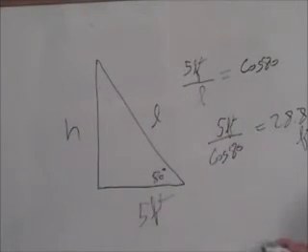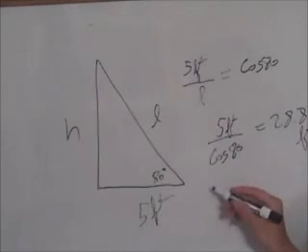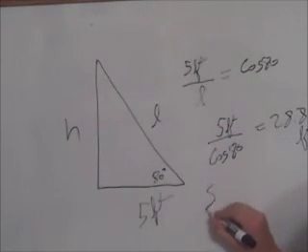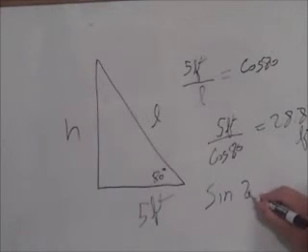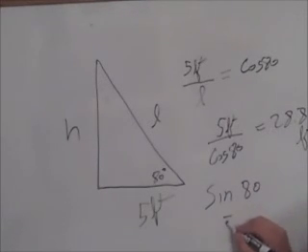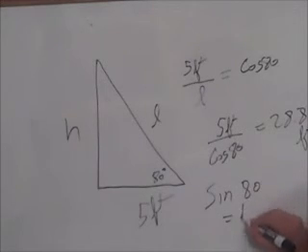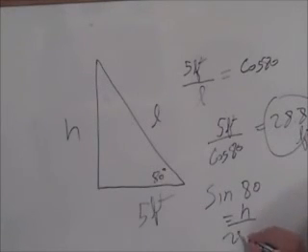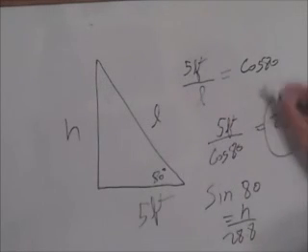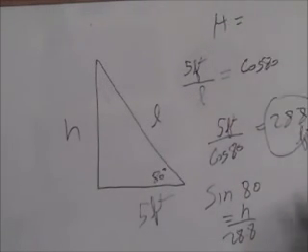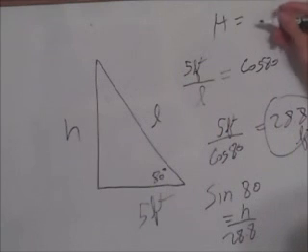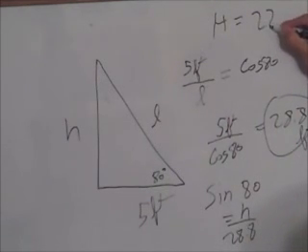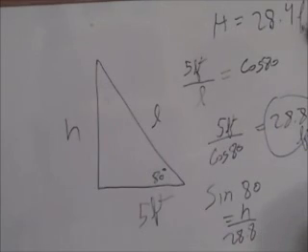And similarly, solving for the height would be done by saying sine of 80 equals h over the hypotenuse value, which we calculated as 28.8. And so h, after having solved for it, comes out to equal 28.4 feet, that is.